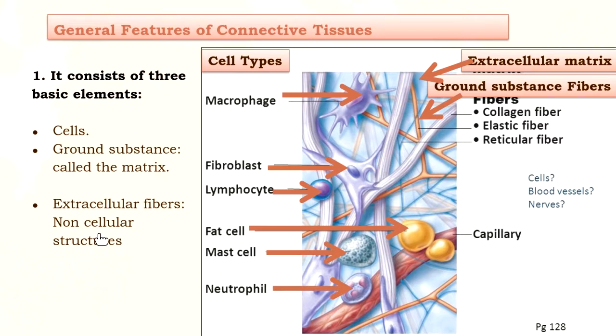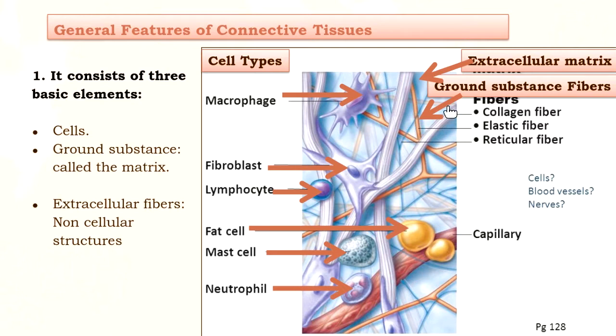See here on your left hand side, cell types. These all cells which I have mentioned here, macrophages, fibroblast, lymphocyte, fat cells, neutrophils, these all are the cellular components of the connective tissue. The first component, cells. The second component is the ground substance. This is the ground substance which I have shown here by the arrow.